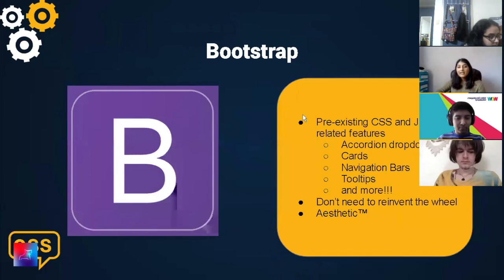And finally, we're going to talk about Bootstrap. Bootstrap is an open source framework for HTML and CSS, which is a fancy way of saying that anyone can use it and anyone can contribute to it, and it's a big resource for all your HTML and CSS needs. The good thing about Bootstrap is they offer a lot of really cool features, such as drop-down menus, collapsibles, and navigation bars, already pre-written for you.